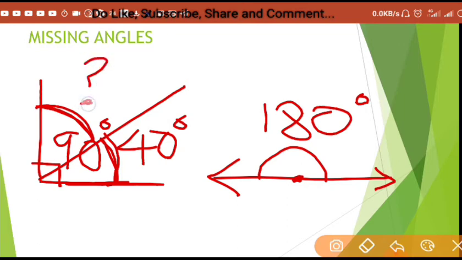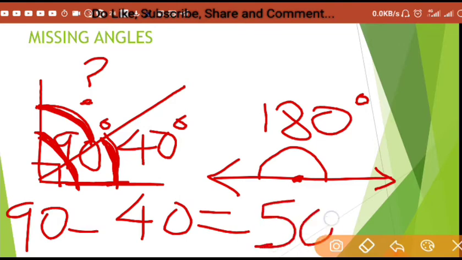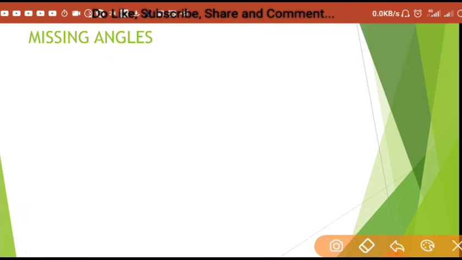You can find out now, it's very easy. This total is 90 degrees, and one part of the angle is 40 degrees, so the other part will be 90 minus 40, which is equal to 50 degrees.